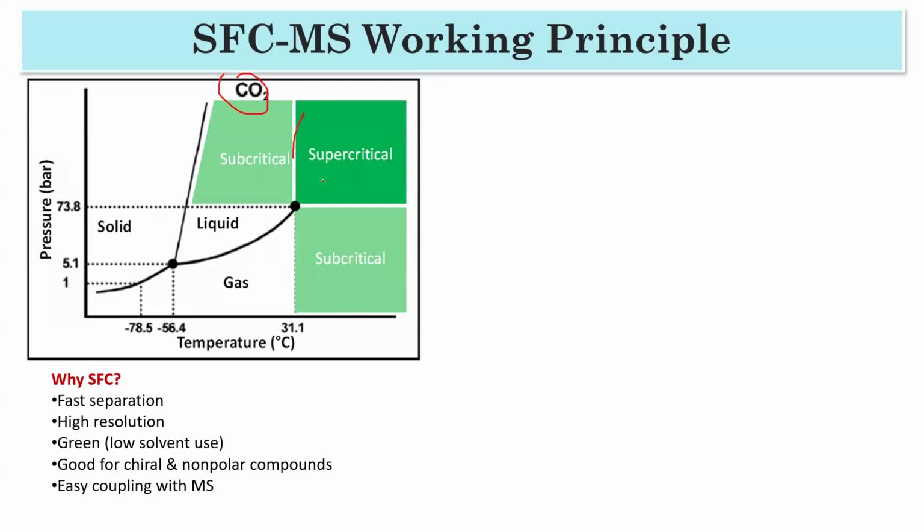You must know this: when the temperature is higher than one particular point and the pressure is more than some particular point, your liquid and gas act as both. Here it is only gas and here it is only liquid. But if you go to the supercritical temperature and pressure, your CO2 will act like both a liquid and a gas. So what is the benefit?